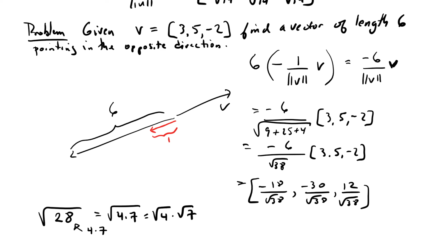The square root of 4 is 2, so you can pull a 2 out of it. But I can't do that with 38 because there are no perfect squares that divide 38. 1 is useless, but 4, 9, 16, you see those are not factors of 38. So I'm just going to leave 38 the way it is.